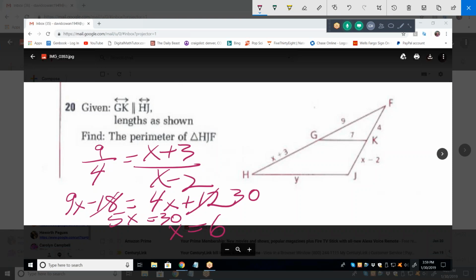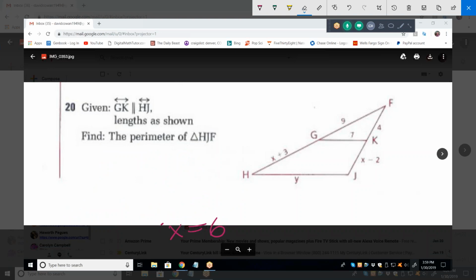HJF is similar to GKF. Corresponding sides of congruent triangles, sorry, with similar triangles, ratios are all the same. So give me an equation that has the ratio y in it that has to be true.